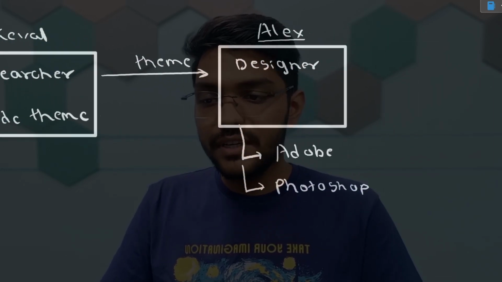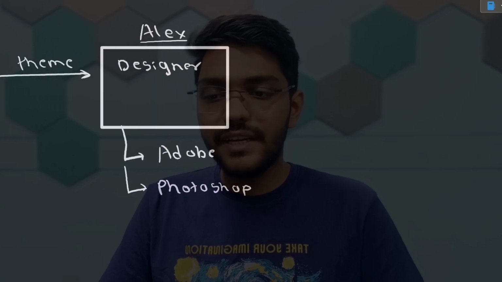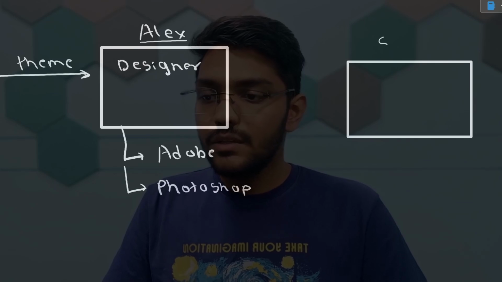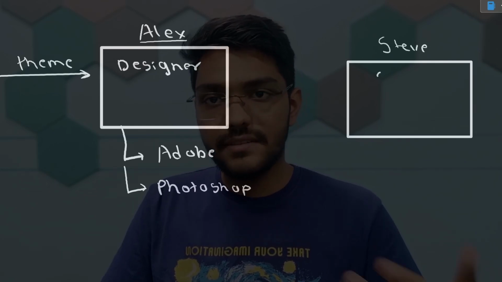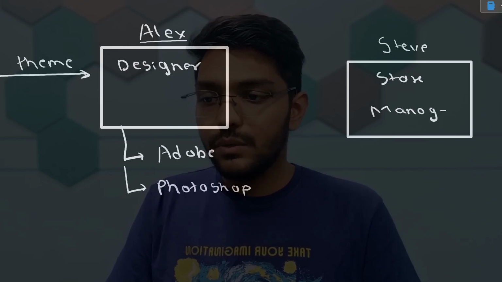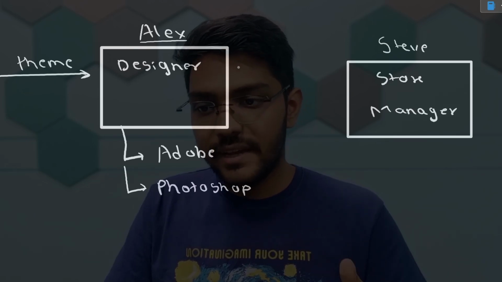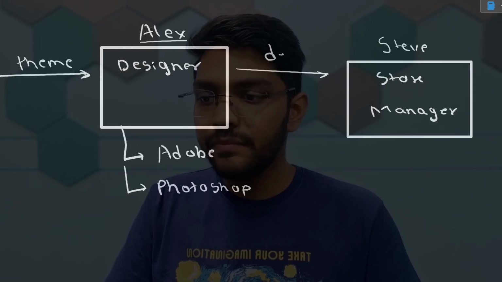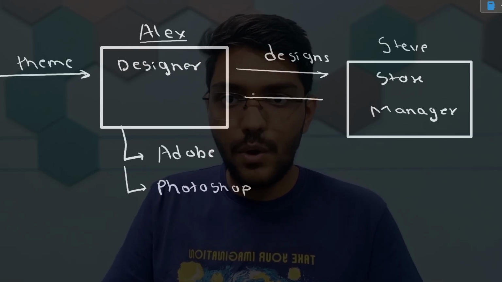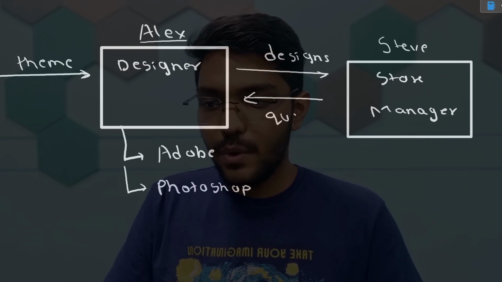Now that we have all the designs of our t-shirts, we need someone who can print these on the t-shirts. So Steve is the one who handles this stuff for us. He is basically our store manager. Once Alex completes the designs, she sends them to him. And if Steve needs any adjustment like changes in the design or any other tweaks, he reaches out to Alex.